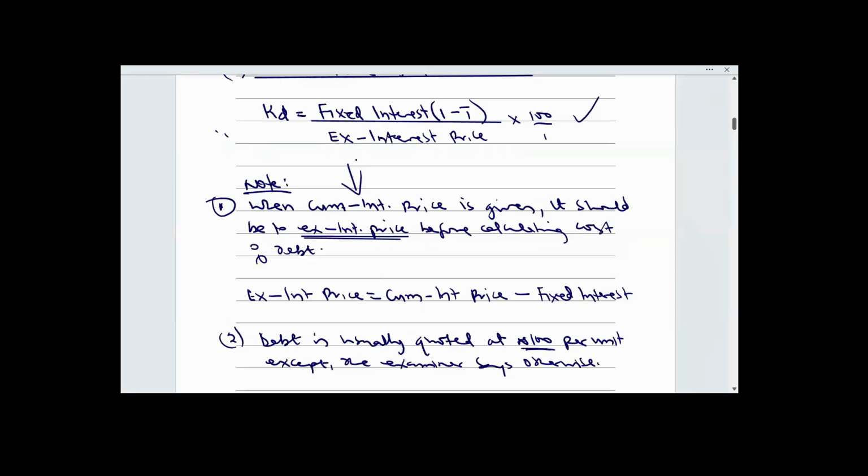When cum int price is given, it should be converted to ex-int price before calculating cost of debt. And I said that if the fixed interest has not been paid, it means that the market price of the debt is cum int price. If the interest has not been paid, it means that the market price of the debt is cum int.